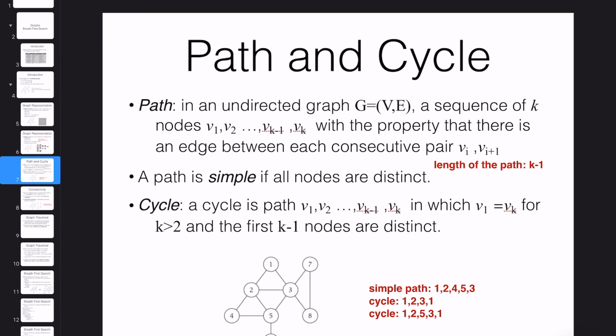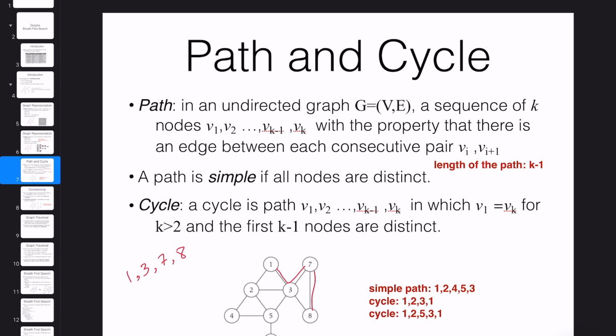For example, 1, 3, 7, 8 is a path, which shows that from 1 you go to 3, you go to 7, then you go to 8. What is the length of the path? If you have k nodes in your path, the length of the path is going to be k minus 1. The length of the path is the number of edges between all of these nodes that you are passing.